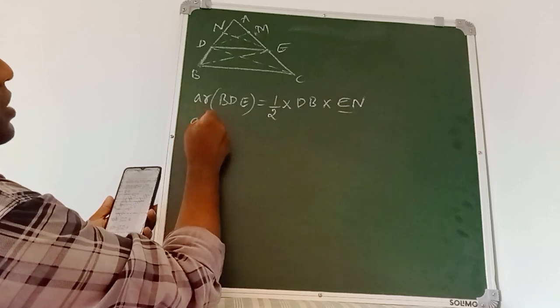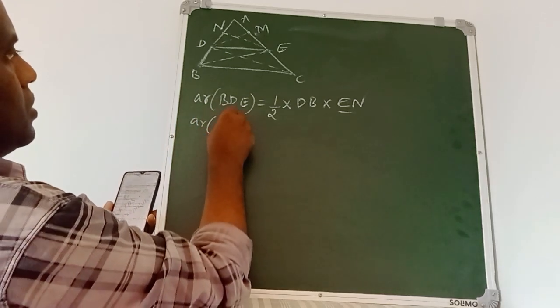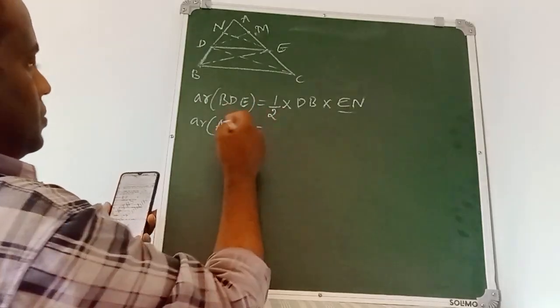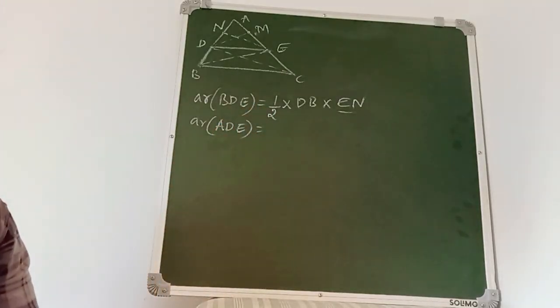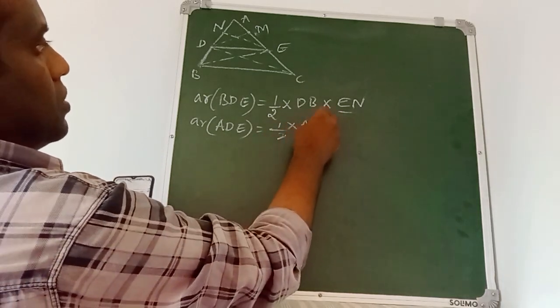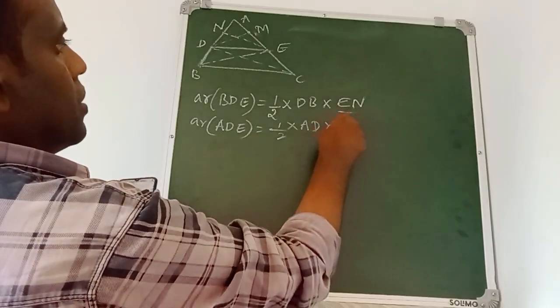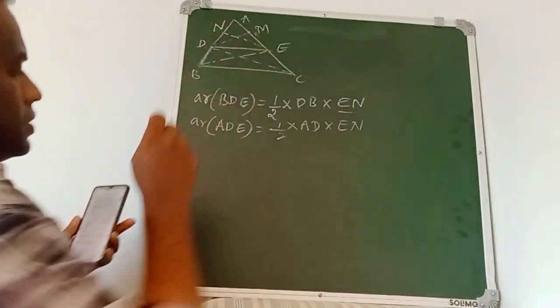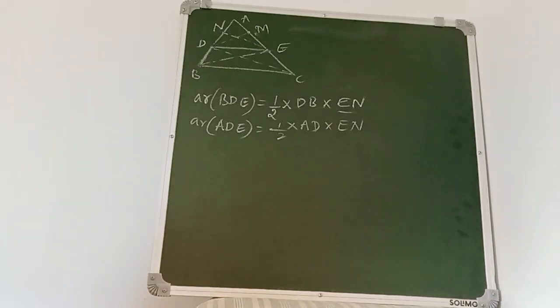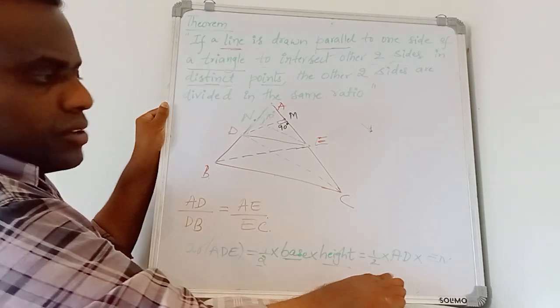We have previously seen the area of ADE, half into AD into EN. This thing we have already seen.